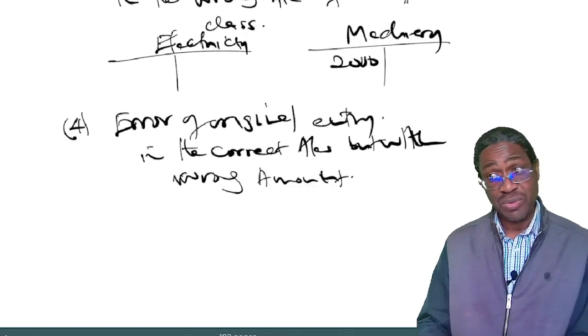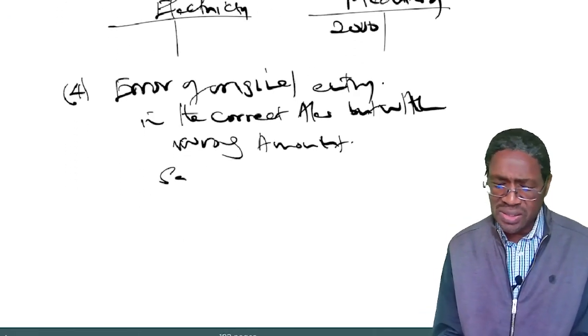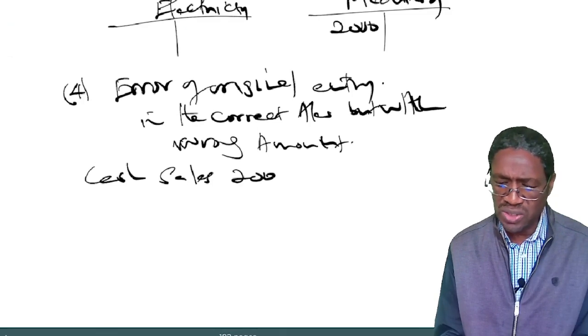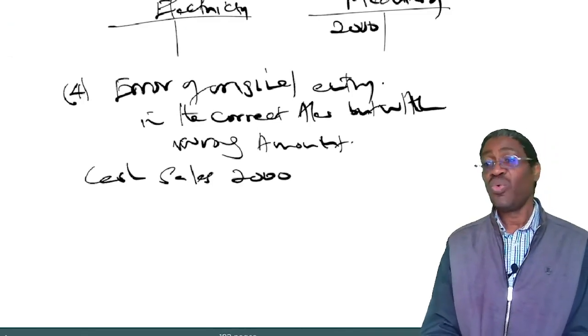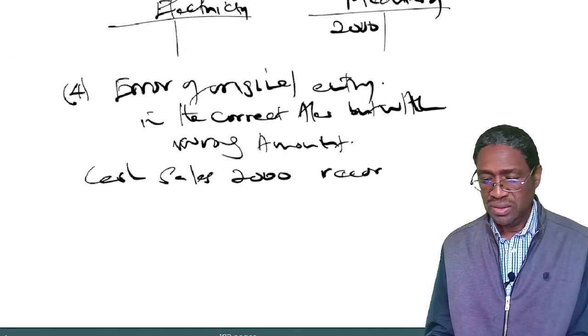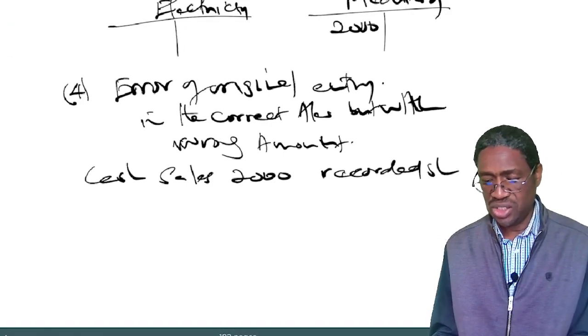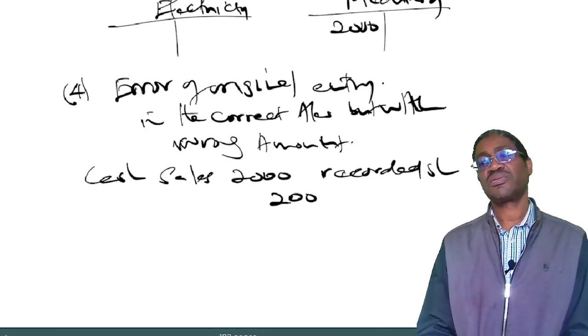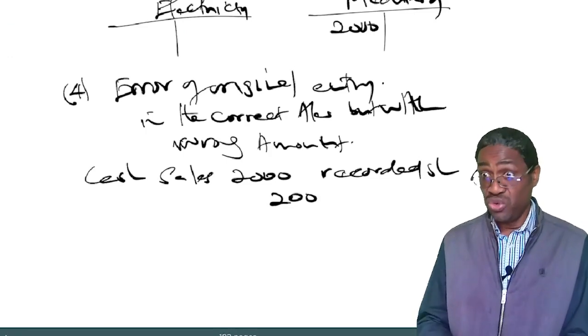For example, when there is cash sales of 2,000, which is recorded as shillings 200 in the books. So what did you do?